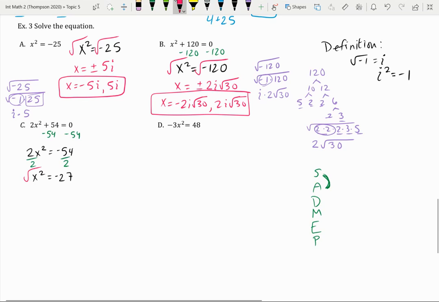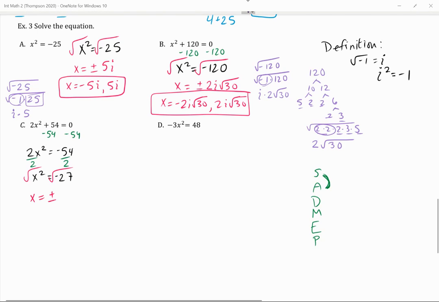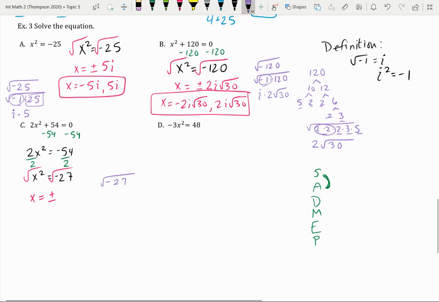I take the square root of both sides. And x is equal to plus or minus, always plus and minus. Then I need the square root of negative 27. So I like to rewrite that as the square root of negative 1 times 27. I know the square root of negative 1 is i. And then I have to take the square root of 27.